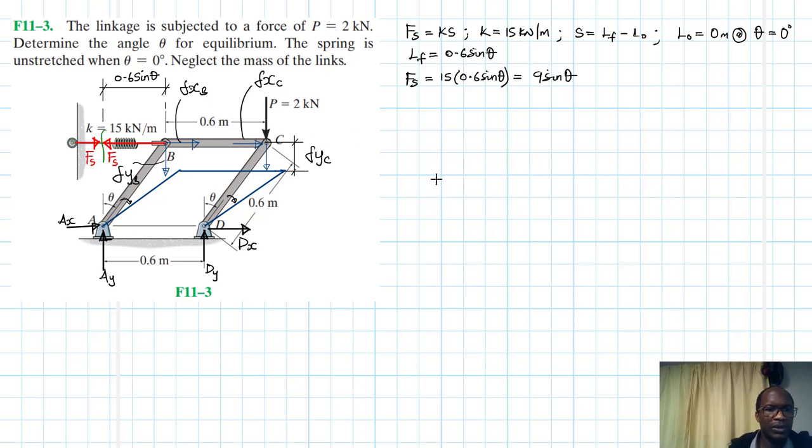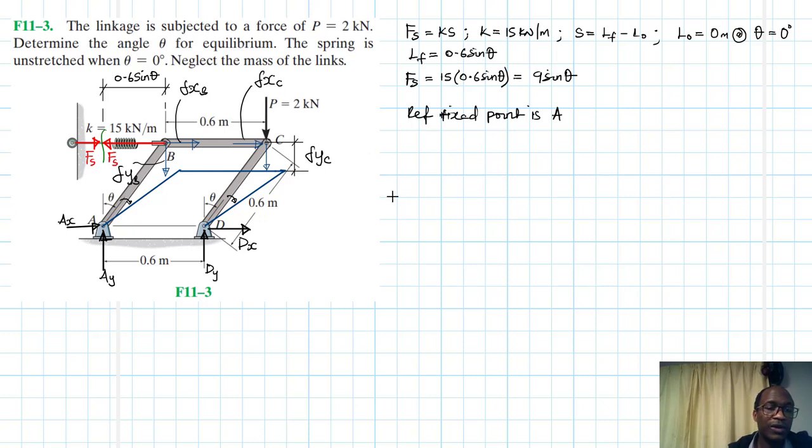So now let's define our reference point. Our reference fixed point is, we are going to choose A. Okay, you can even choose D. We are going to choose A for us.